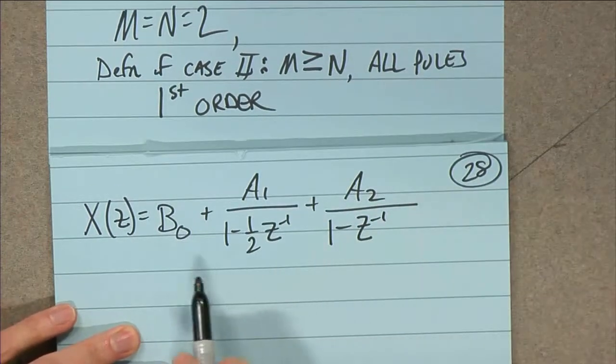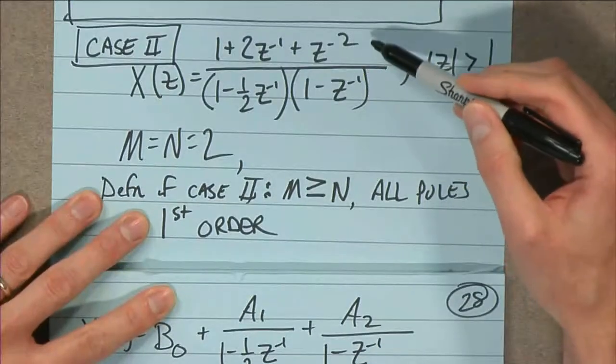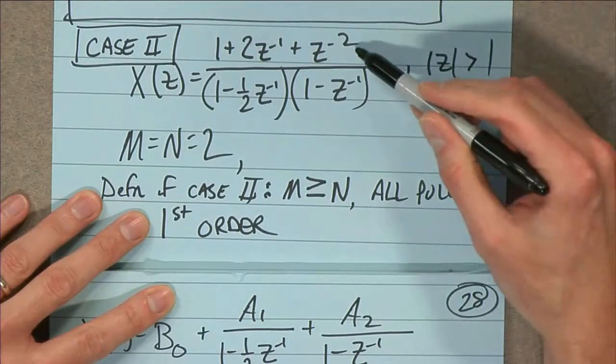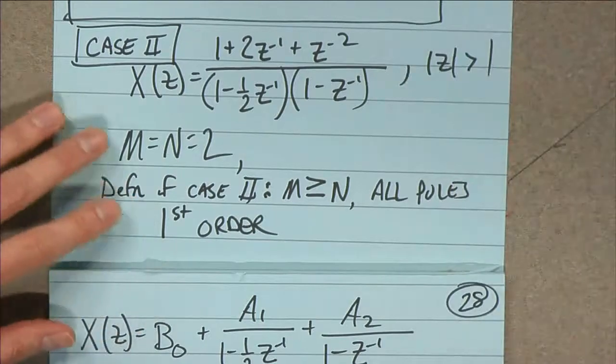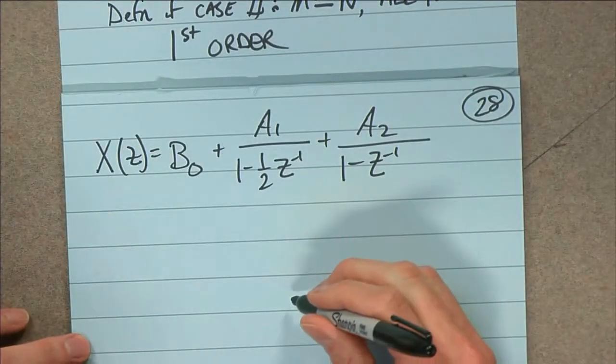And we know that it's only one term because these are the same degree as each other. It's the second degree. If you multiply these out, these are also second degree. So let's use long division.